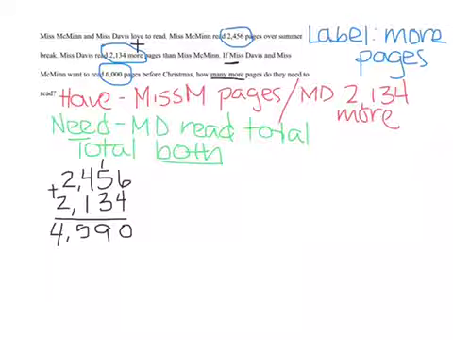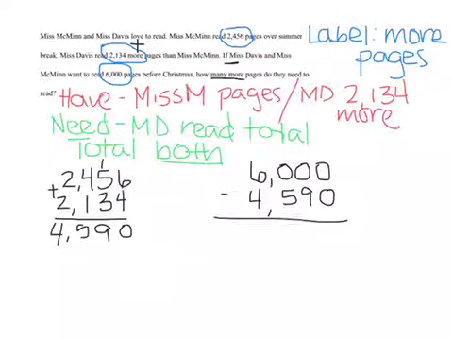Now we have to figure out how many more they need to read. So they want to read a total of 6,000 pages, and they've read 4,590 pages total. So we have to subtract. 0 minus 0 is always 0. Okay, then we have to go next door.